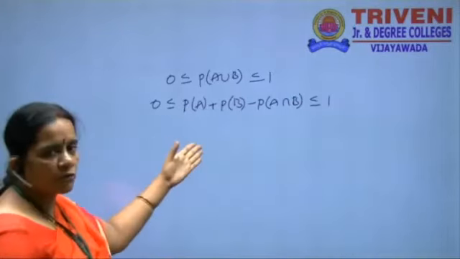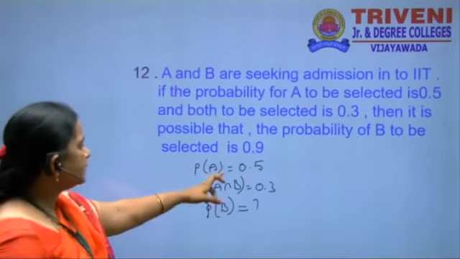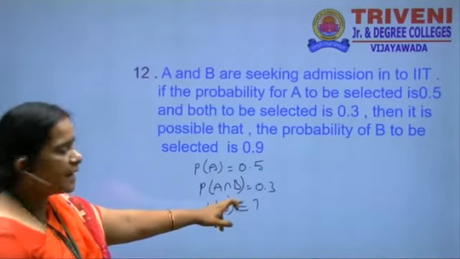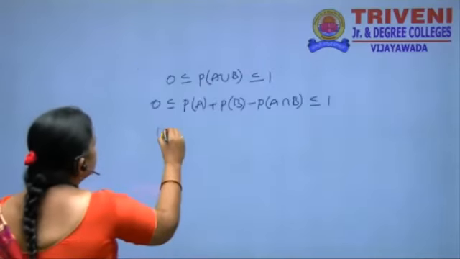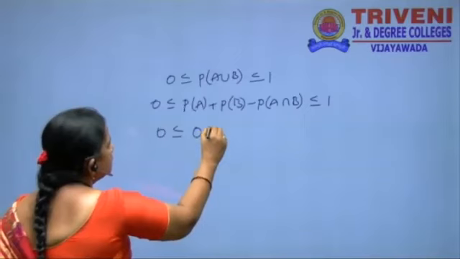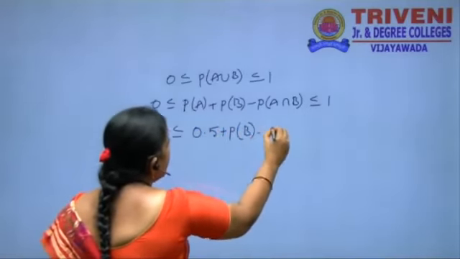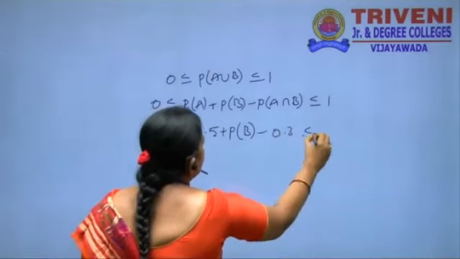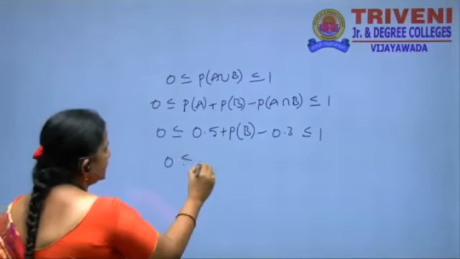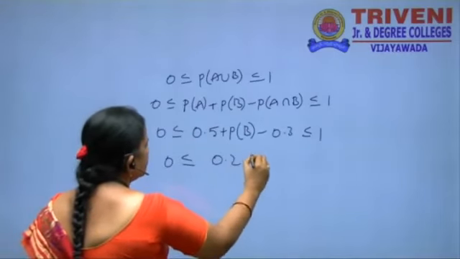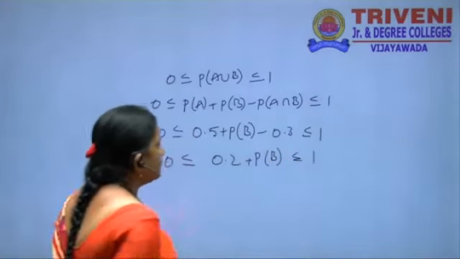Substituting the values of P of A and P of A intersection B, P of A is 0.5 and P of A intersection B is 0.3. Then substituting here, 0 less than or equal to 0.5 plus P of B minus 0.3 less than or equal to 1. Then 0 less than or equal to 0.2 plus P of B less than or equal to 1.